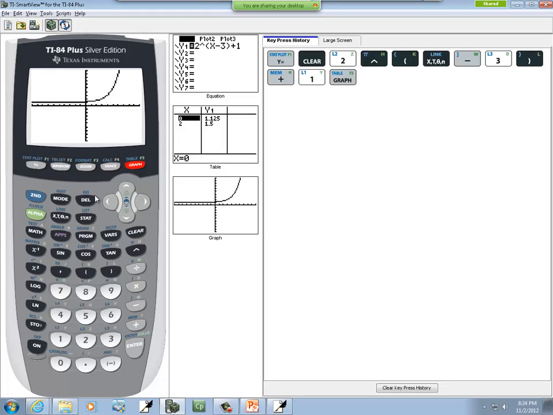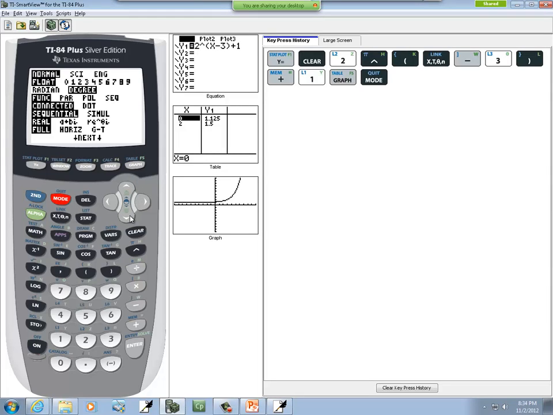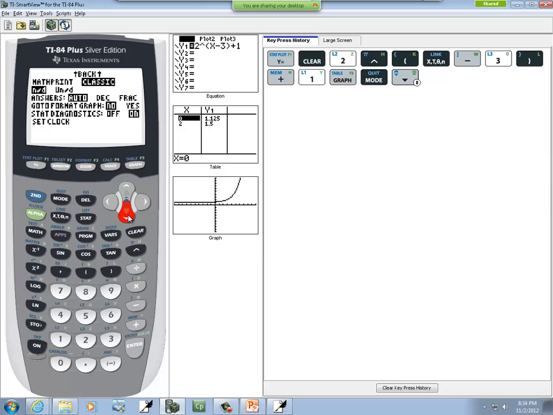Now, some of you have a newer TI-84. If I go to mode myself, what you'll see is math print.